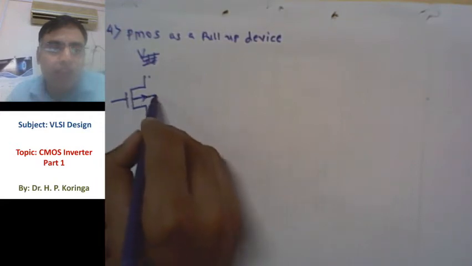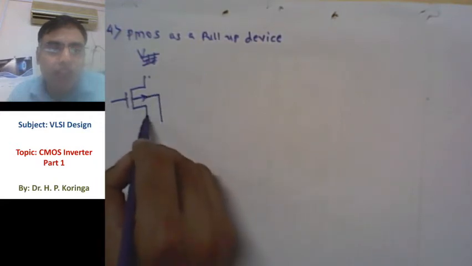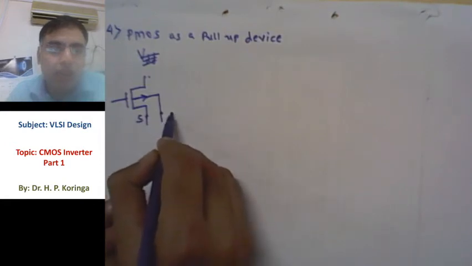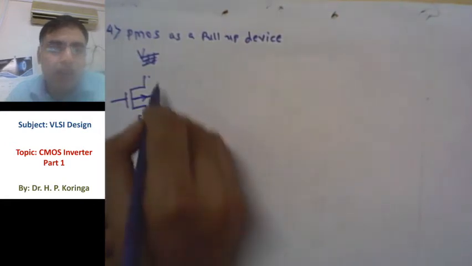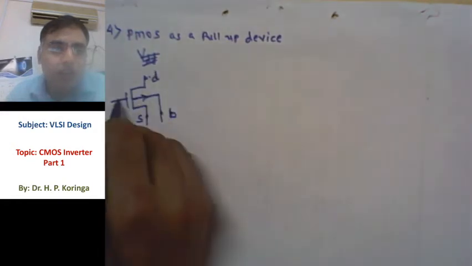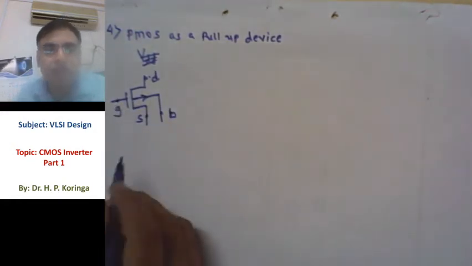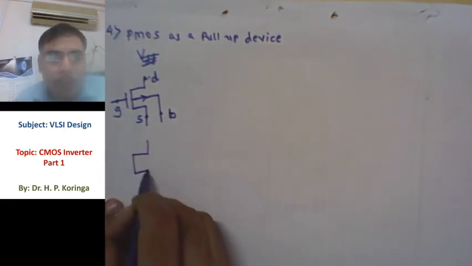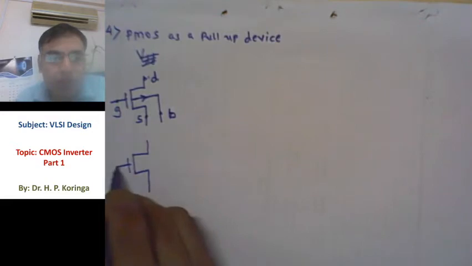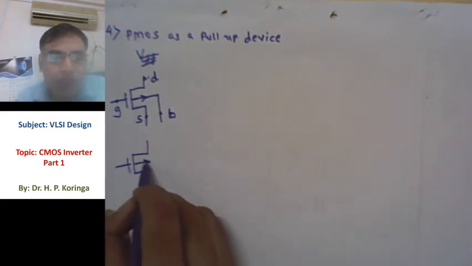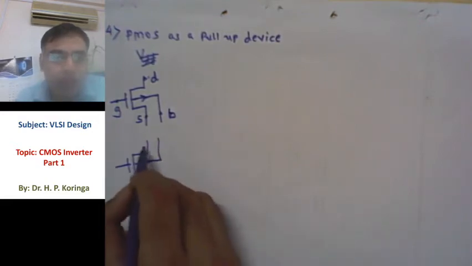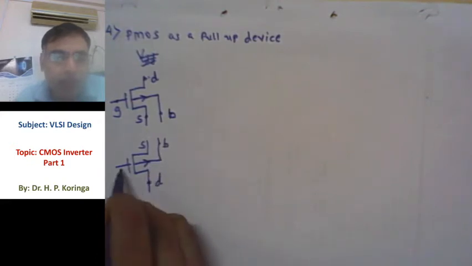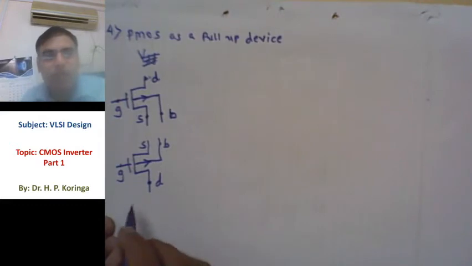At the substrate terminal, the arrow is outside, and there are source, bulk, drain, and the gate terminal. Normally, the source is drawn on the upward side for the PMOS. We'll see detail about it, the drain and the gate terminal, right?